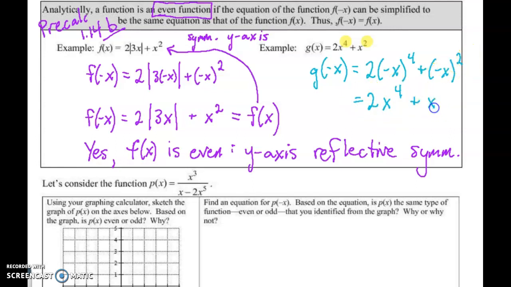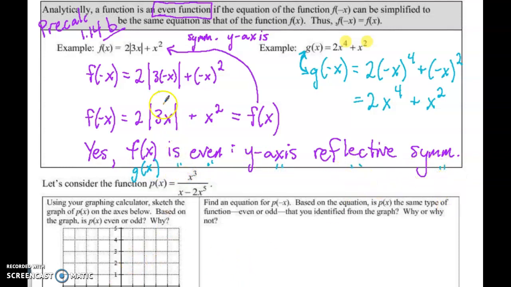Negative x when you square it is positive x squared. They're equal values. So what we're saying is g of negative x and g of x are exactly the same thing. So I would just rewrite this. Yes, g of x is even. It has y-axis reflective symmetry.